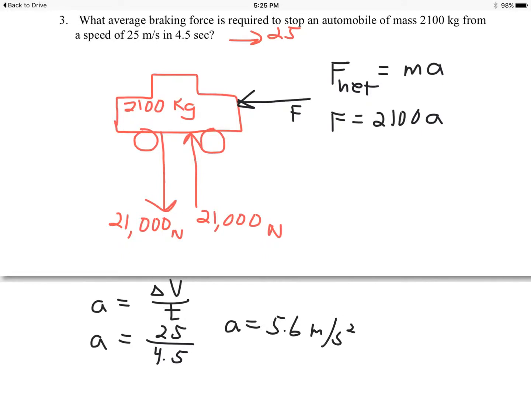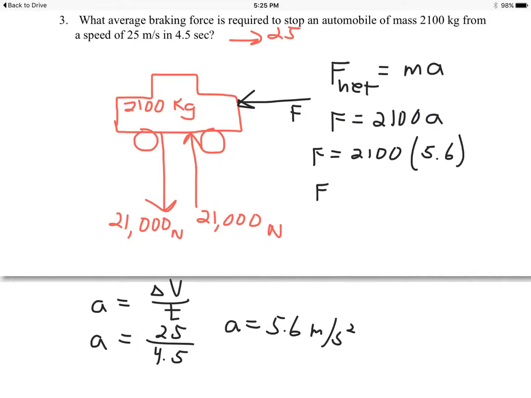So therefore the braking force, the force that has to stop this car, is equal to 2,100 times the acceleration of 5.6. And if you want to put in a negative 5.6, you can. You don't have to. That just means it's a negative force. It's opposing the motion. We don't really need that. We have all the arrows in the diagram in the proper spots.